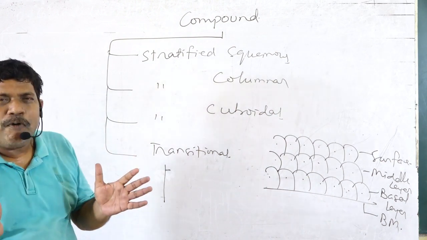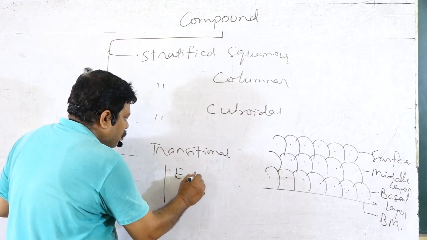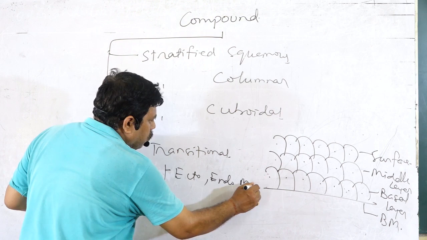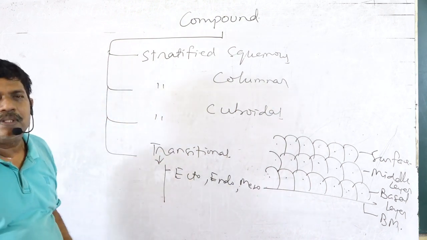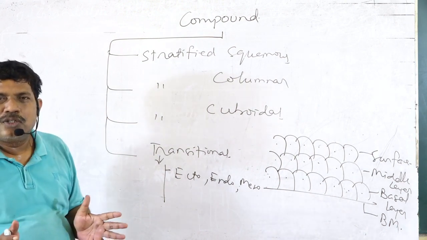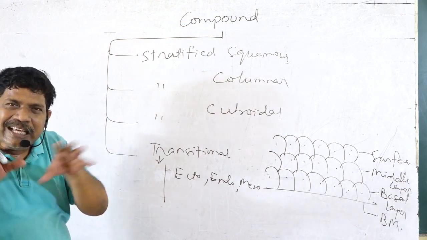The cells have all the 3 germ layers: ectoderm, endoderm, mesoderm. The characteristic of transitional epithelium, the cells are arranged in many layers, so called stratified. But certain deviating characters are there.